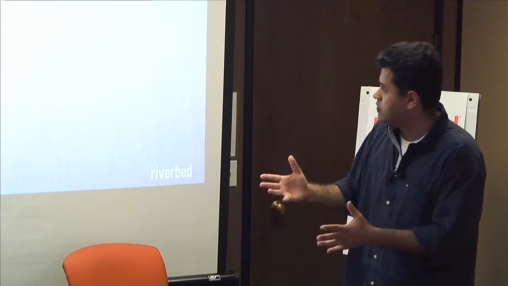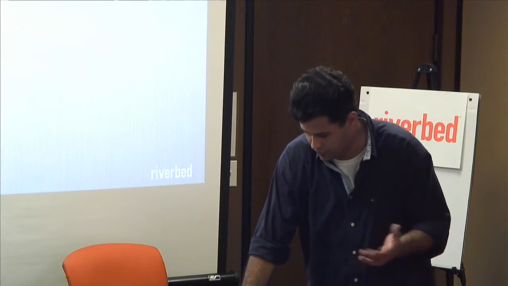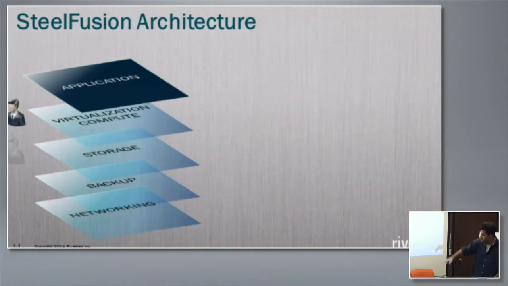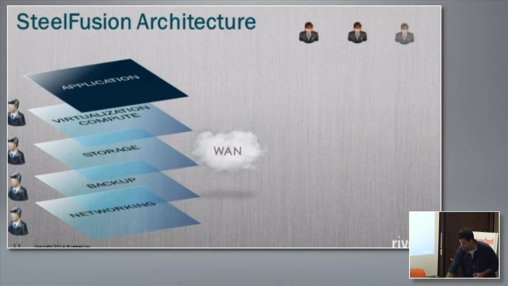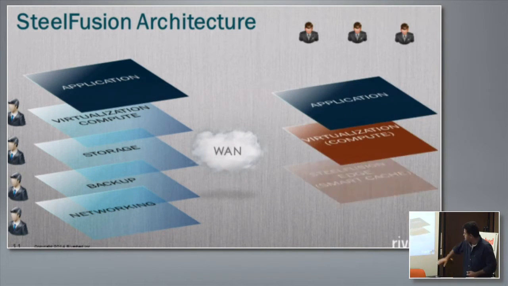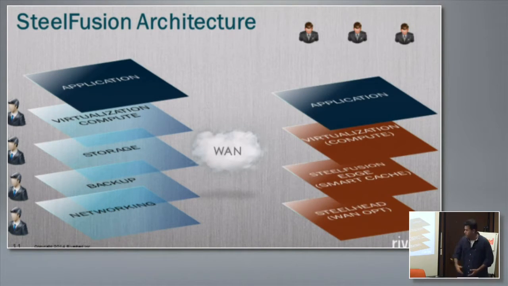So how does the architecture lay itself out, right? So this is the question that you ask. In the data center, when you deploy an application, you typically have your storage administrator, server administrator, virtualization guy, backup guy, and the networking guy, right? And then in your branch office, where you have your consumers, we ship the SteelFusion Edge appliance, right? Again, this question that you asked, the SteelFusion Edge appliance is actually divided into three planes.